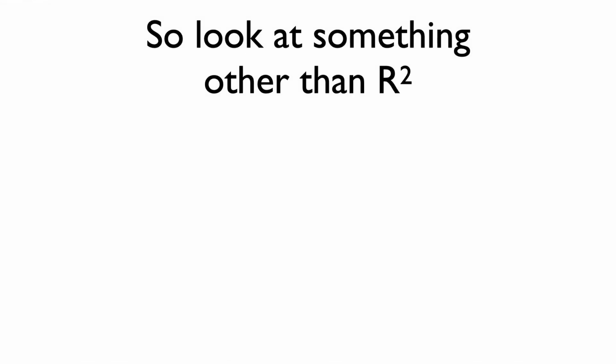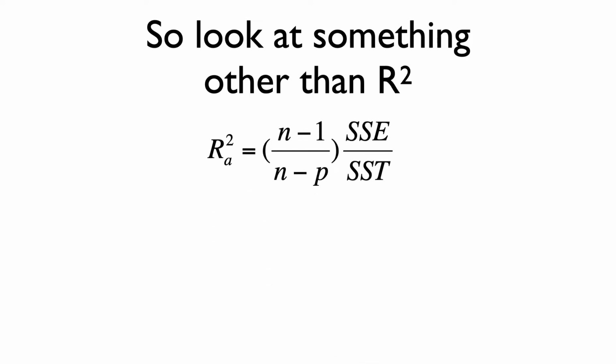So we need something other than R squared, because if we just look at R squared, it's going to keep going up. I'm telling you this exists; it's not going to be on the final. This is a thing called adjusted R squared, and it can actually go up and down, because it's weighted by the number of predictors in the model. P's in there.